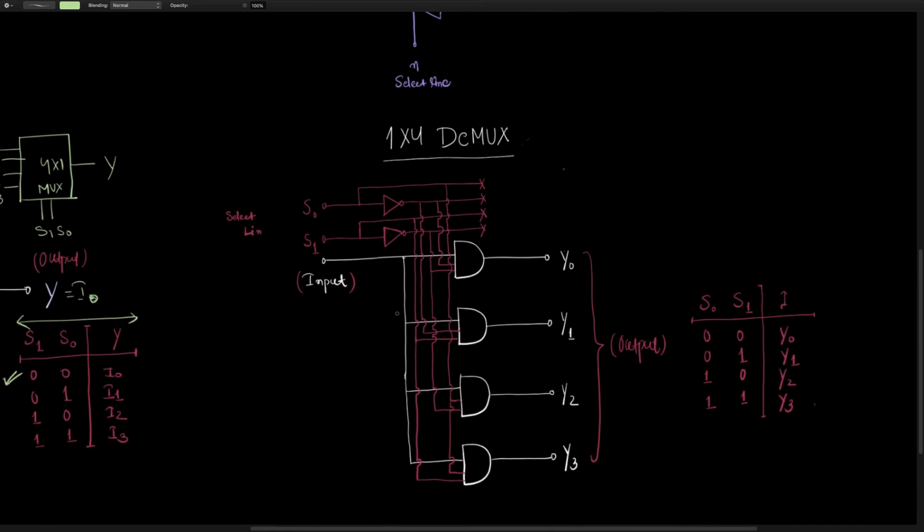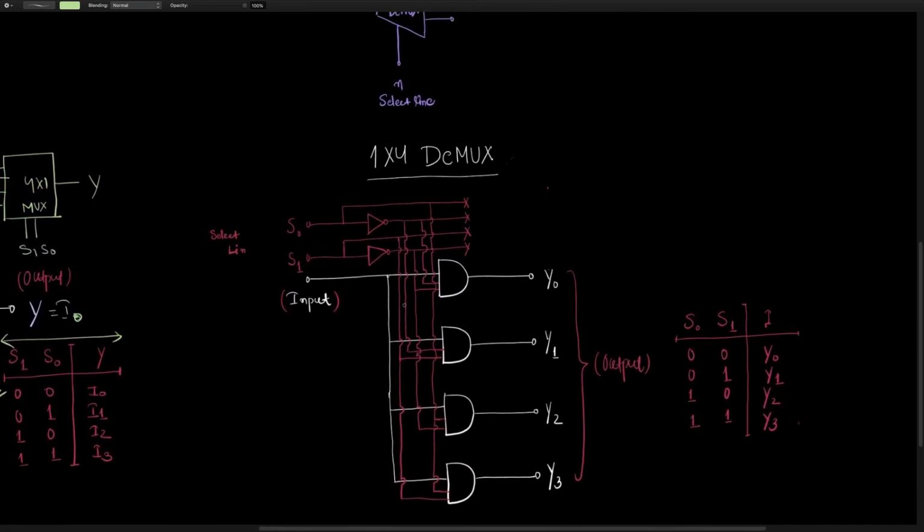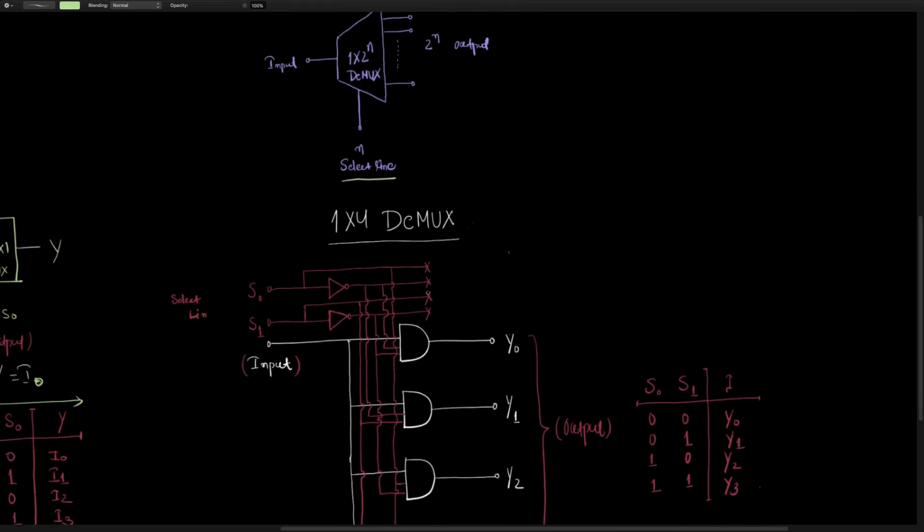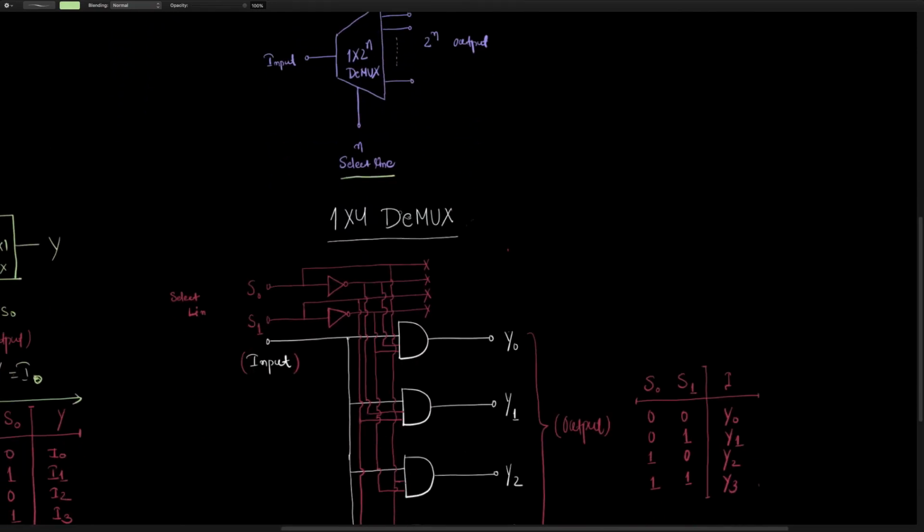Now if you go for the reverse of that, we have a demultiplexer. It has one input and 2 to the power n outputs. Okay, now depending on the select line, the particular output will follow the input, just the reverse of this multiplexer, and we call it demultiplexer or demux in short.